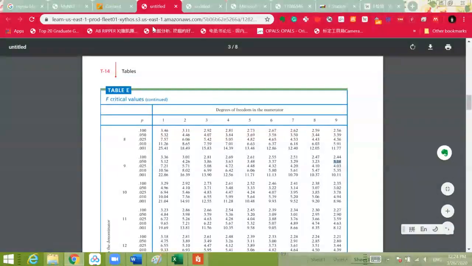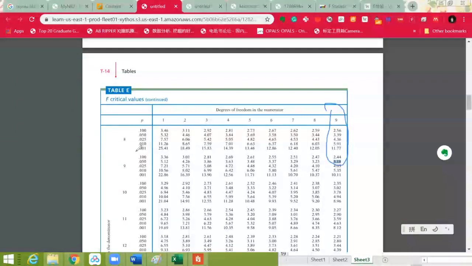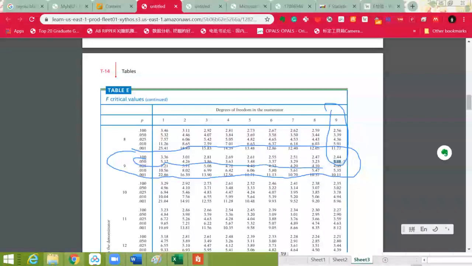Let's mark here. Because this is 9, and the first degree of freedom is 9, and our alpha value is 0.05, then our critical value is 3.18.